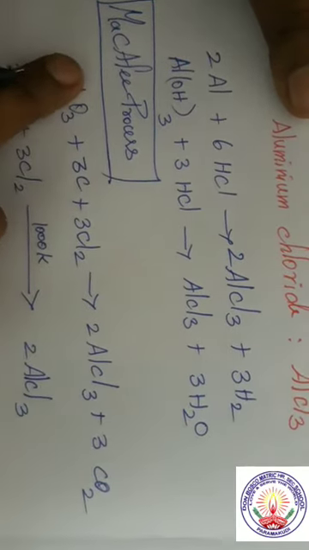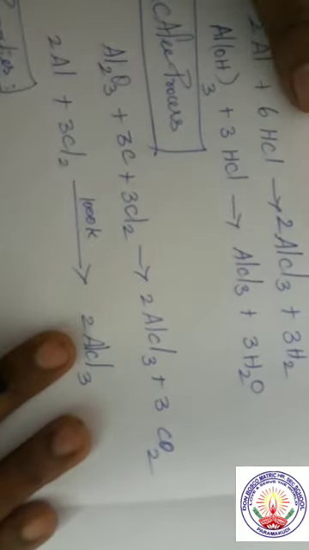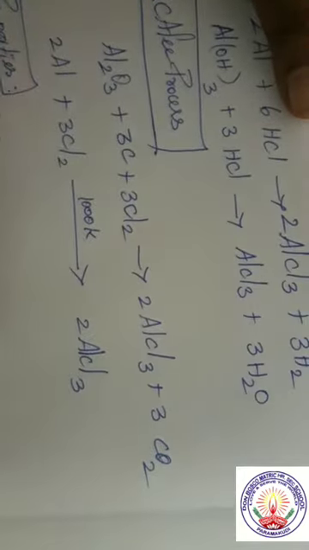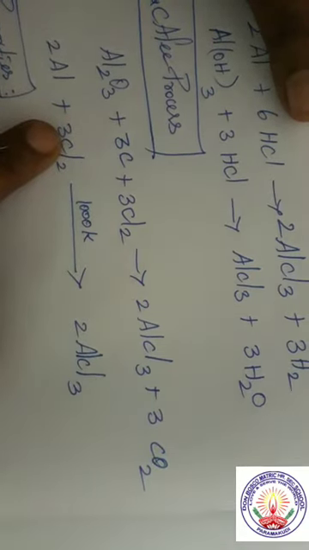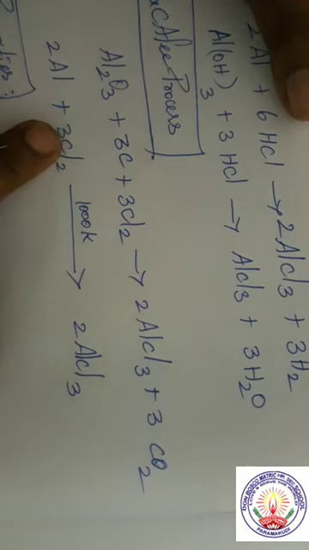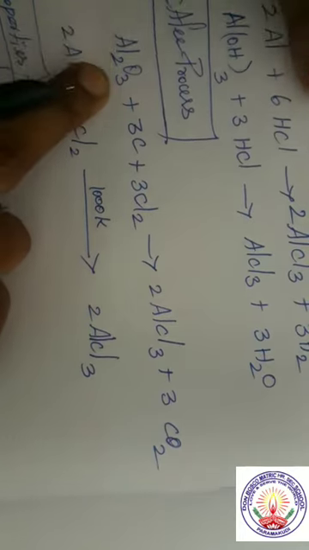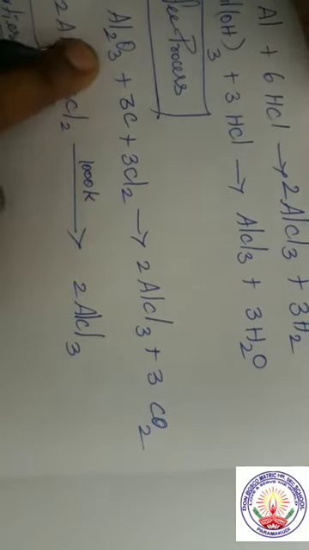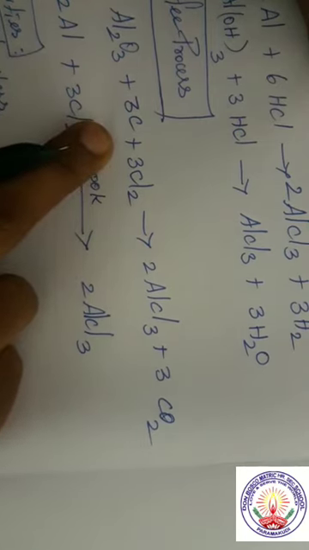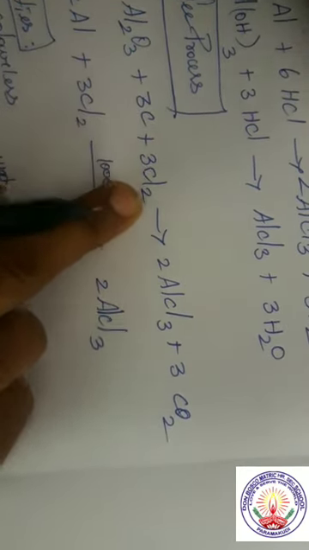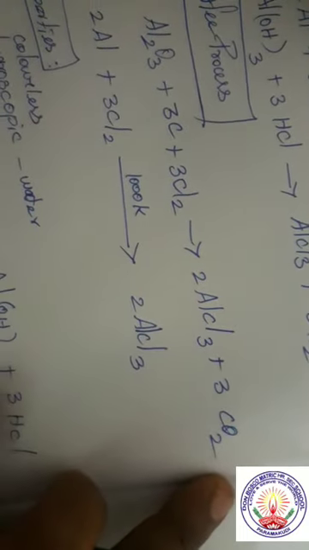The next is an important process, that is the McAfee process. The McAfee process is when aluminium trioxide is treated with coke and with a current of chlorine, we are getting aluminium chloride. See here, aluminium trioxide, that is Al2O3, is treated with 3 carbon, and in a current of chlorine, that is 3Cl2, we are getting aluminium chloride and 3 carbon dioxide.